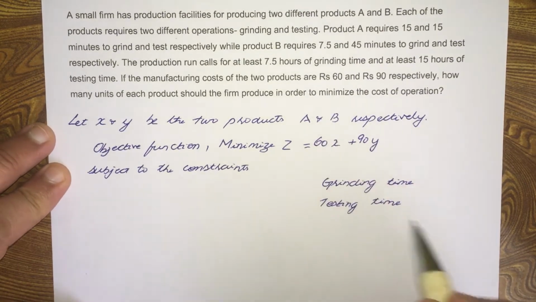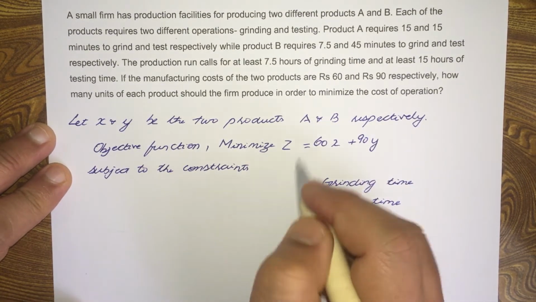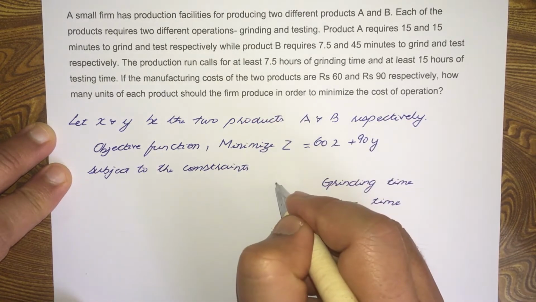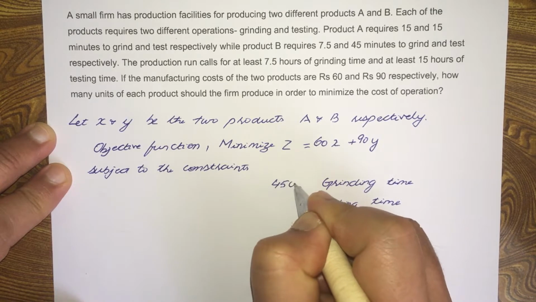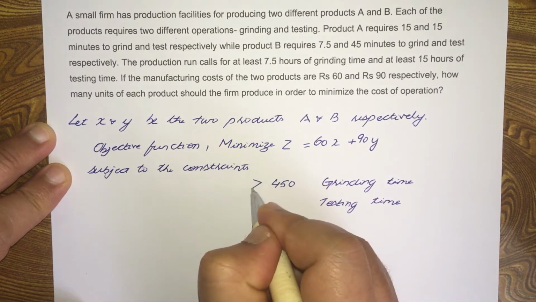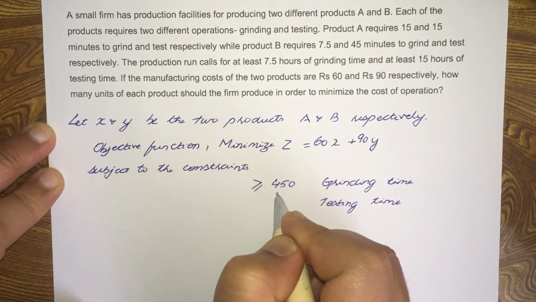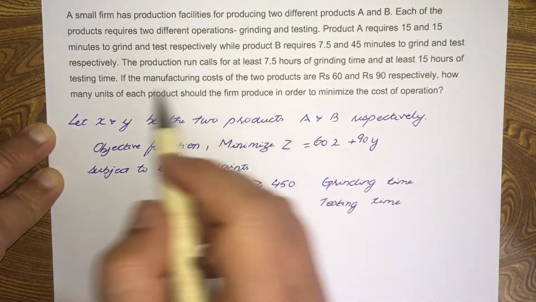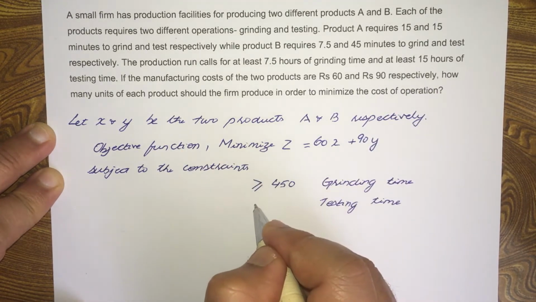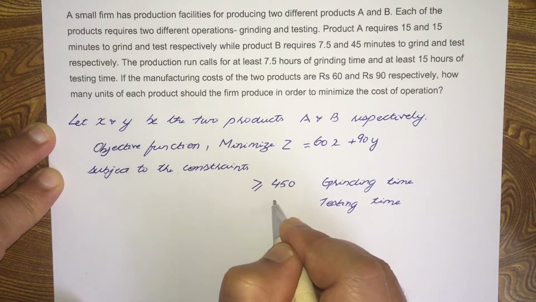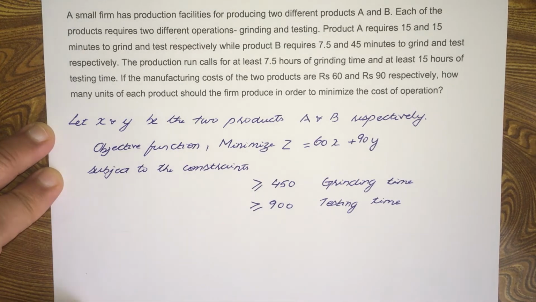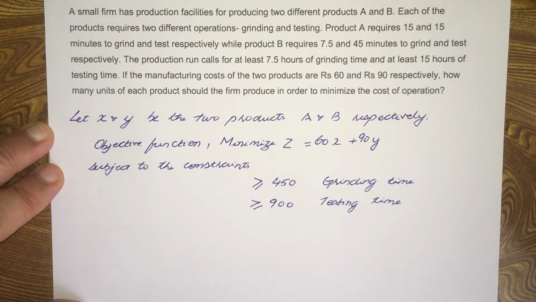So at least 7.5 hours. Convert the hours to minutes. 7.5 hours will be 450 minutes. So the grinding time should be at least 450 minutes, and the testing time is 15 hours. So 15 hours to minutes is 900 minutes. So again, your testing time also should be at least 900 minutes.